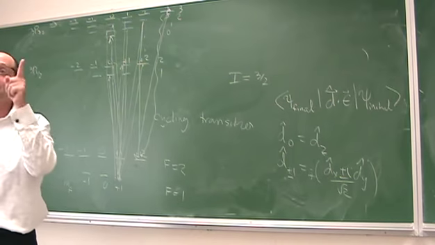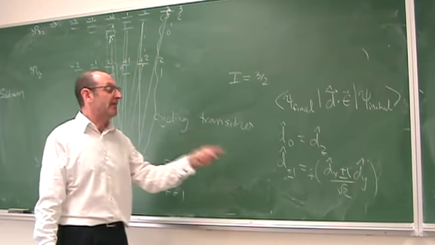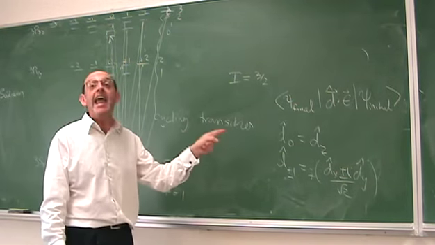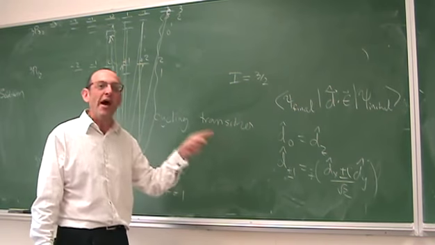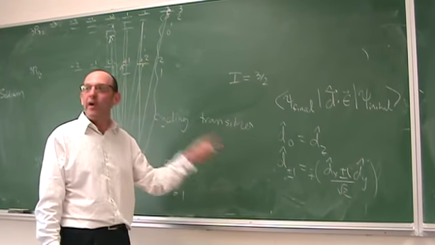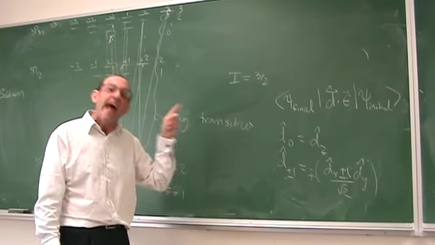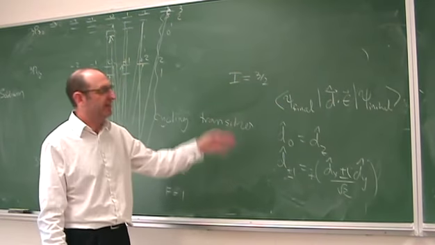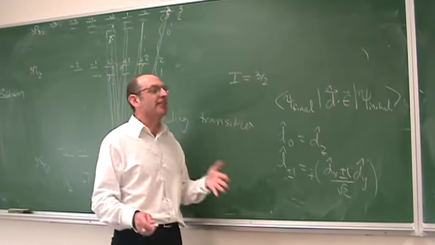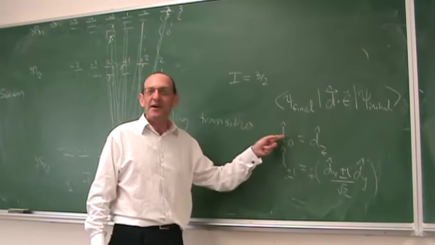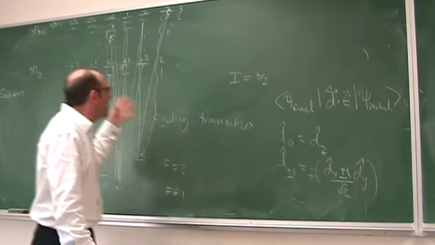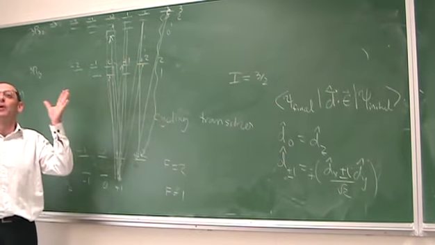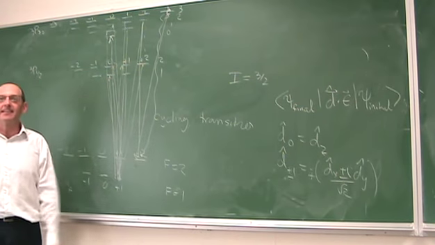Note, important note, nowhere do I say what the direction of k is. Nowhere do I say what direction this wave is propagating in. That is irrelevant. Of course, if k is along the Z direction, there is no component along Z. But the atom doesn't care what direction the light is propagating.